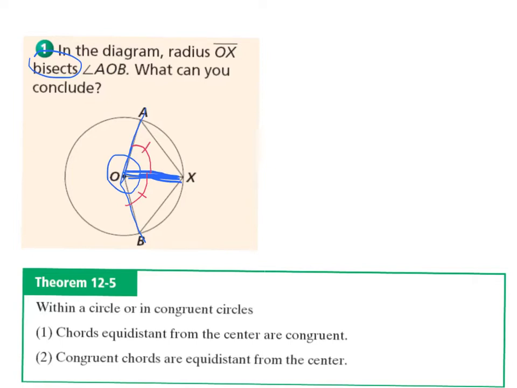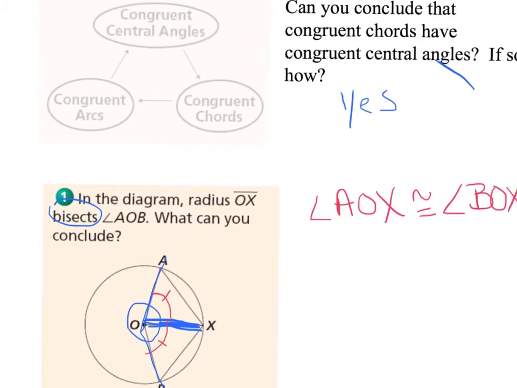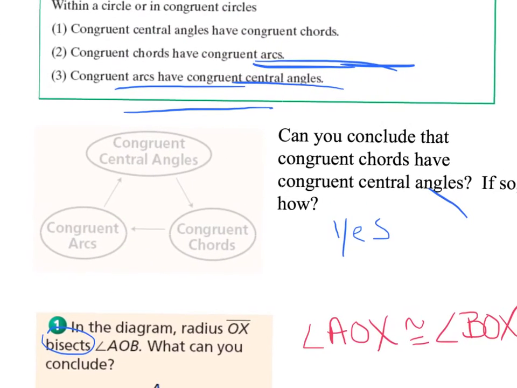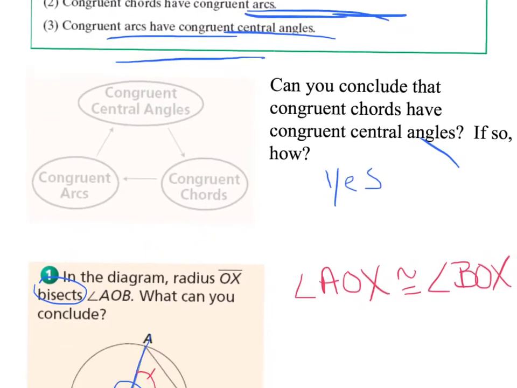So from this picture, what can you conclude? You can conclude a few things. First of all, that those two angles are the same. So you can conclude that angle AOX is congruent to angle BOX. Okay, that is 1. You could also conclude, because of our information that we got from above here, we have congruent central angles, so we have congruent chords and congruent arcs.